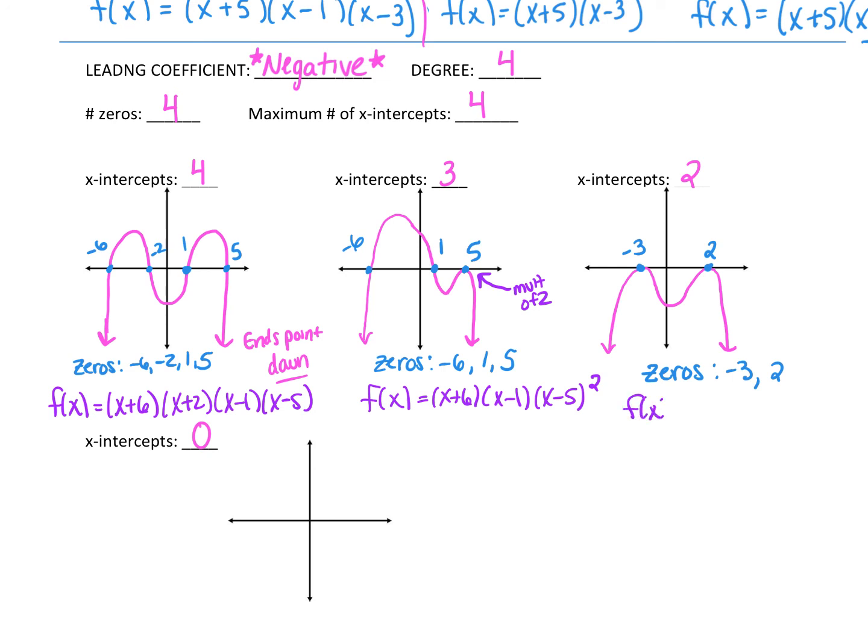My function would have x plus 3 and x minus 2. But again, these are both touching, so these both have multiplicity of 2. So they're both going to be squared, and again, that's how we would get a degree of 4 total.